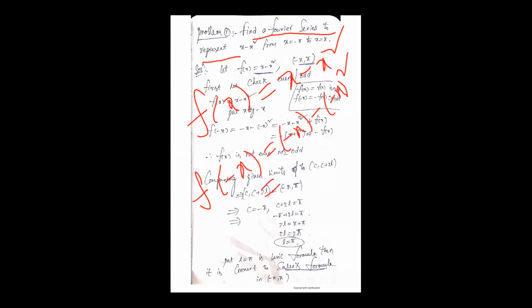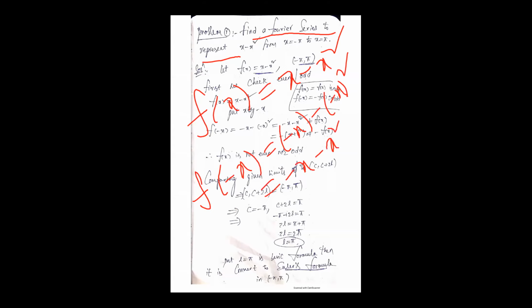So by the definition of even or odd function, replace x by minus x in the entire f of x. On the right side also replace x by minus x, here also minus x whole square. Now simplify it: minus x minus of minus x whole square, that equals x square.